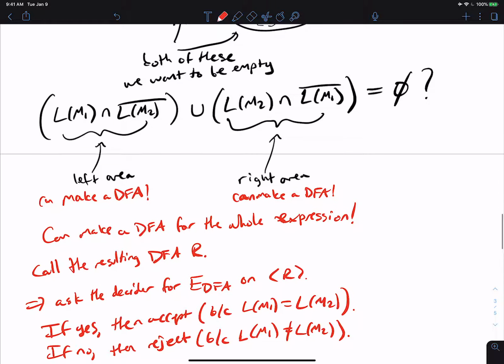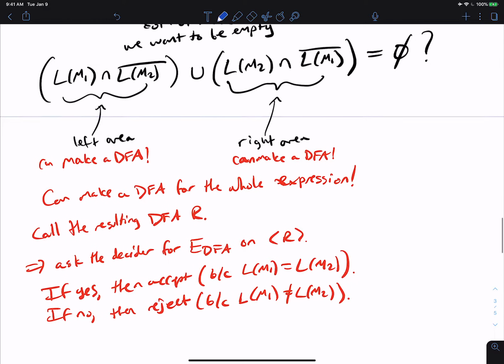Well, does this run in a finite amount of time? Well, the construction of the DFA part does run in a finite amount of time because it's just the product construction, which runs in a finite amount of time because we have DFAs. Each of the DFAs that we have is finite. And the gigantic DFA is a lot bigger, but again, it still runs in a finite amount of time.